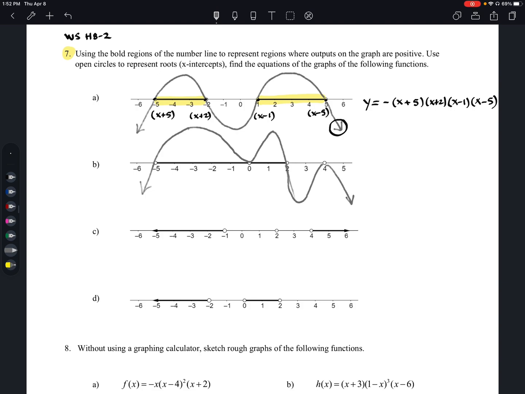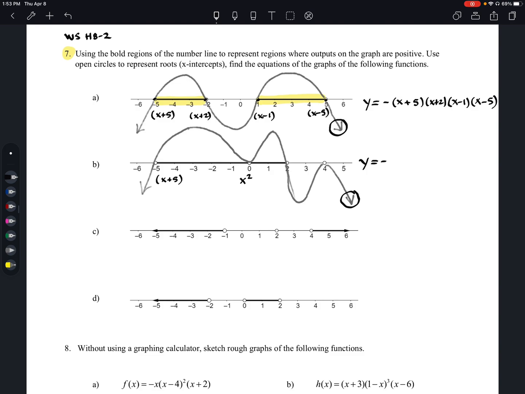As we put this together, we'll see this one also has a negative orientation. So y is equal to a negative. And then let's see what we have. We have a single root at -5, so that'd be an x plus 5. We have a double root at 0, so that would be an x squared.